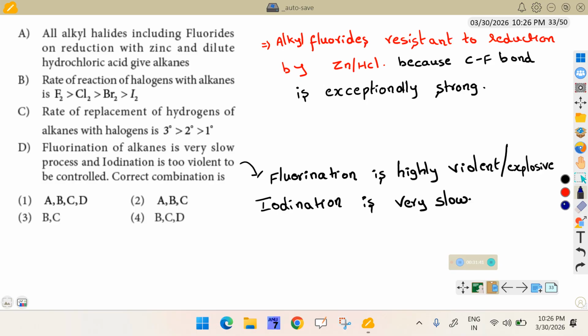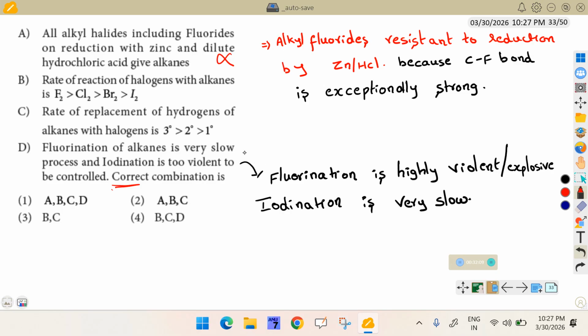Four statements are given. Among the following, the correct statements are: all alkyl halides including fluorides on reduction with zinc and dilute hydrochloric acid give alkanes. No, except alkyl fluorides. Alkyl fluorides resist reduction by zinc HCl because the CF bond is exceptionally strong.